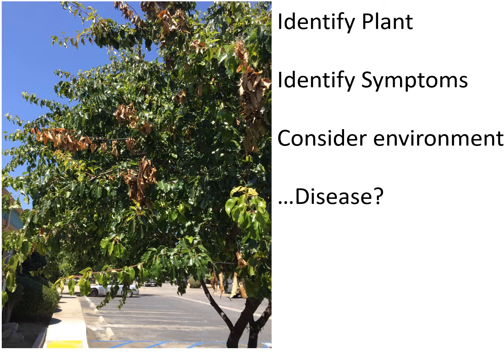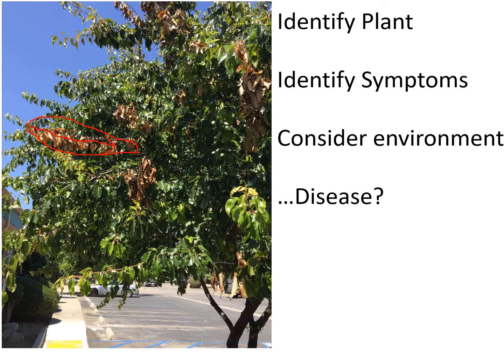Then identify the symptoms. I'm going to try to use these tools to illustrate things on PowerPoint. This symptom is called flagging, and that's where you get dieback of an individual branch. Dieback means the death or necrosis comes from the apex down the stem. In this disease, the pathogen enters through flower buds.